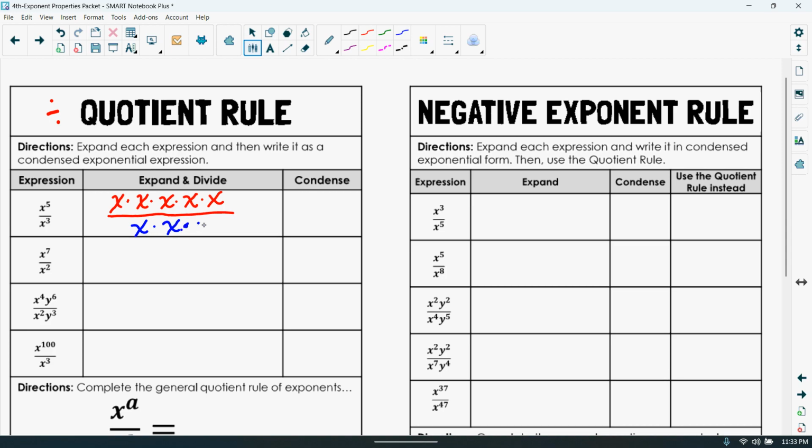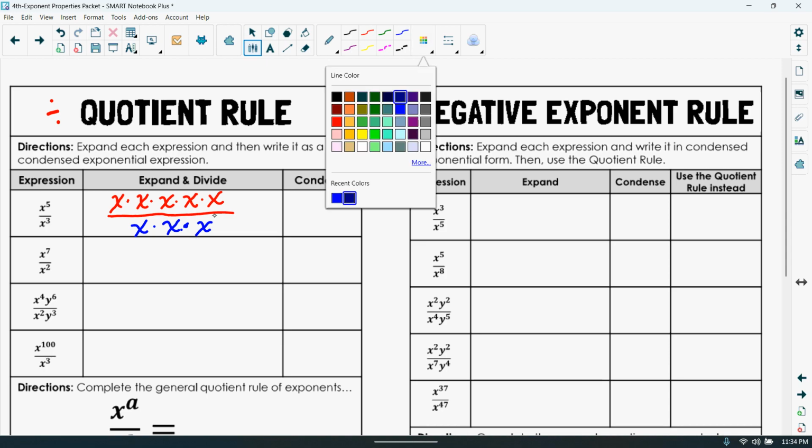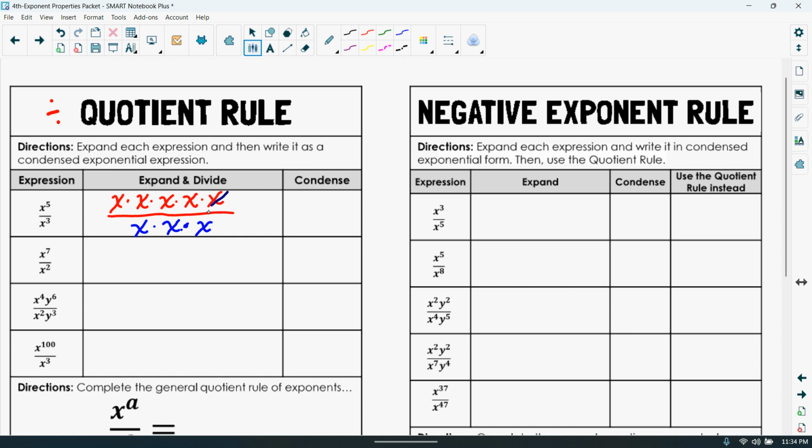Oops, there's multiplication there. And so to simplify this, we would pretty much just cancel out like terms or like factors. So like these two cancel, cancel, cancel, and this will leave you with 2 factors of x, which is the condensed form, x to the second power, or x squared.